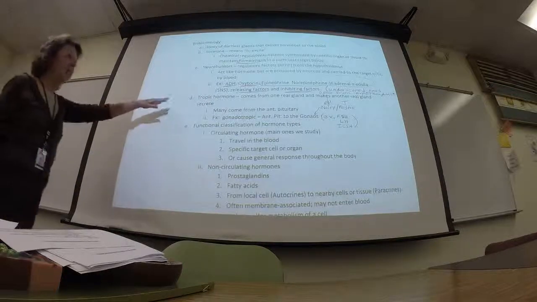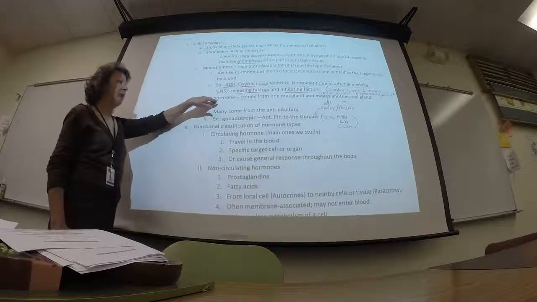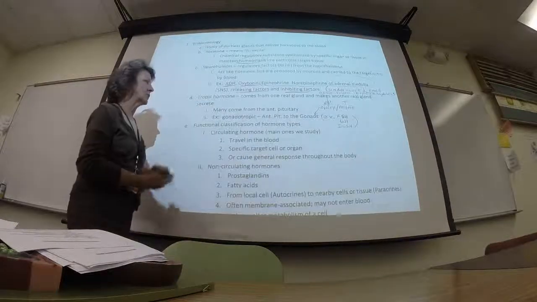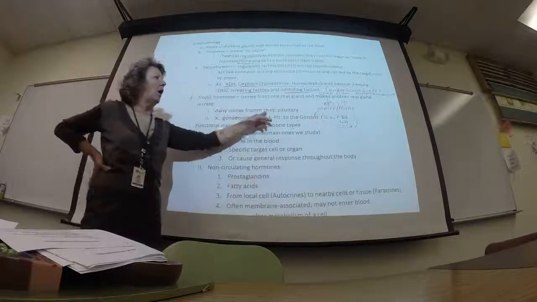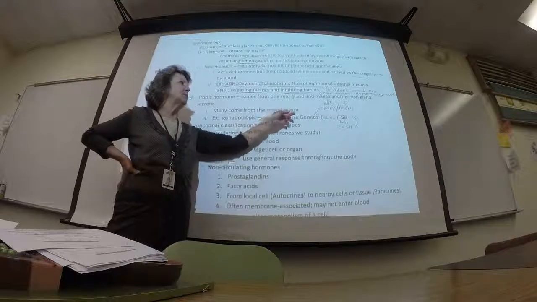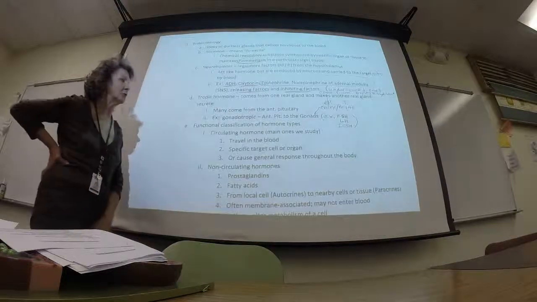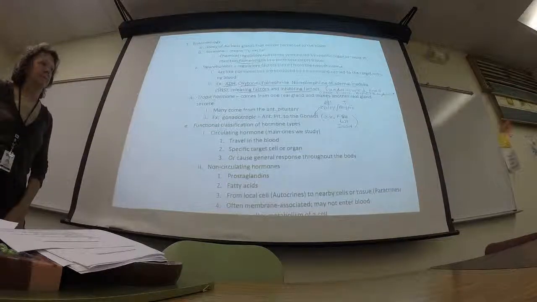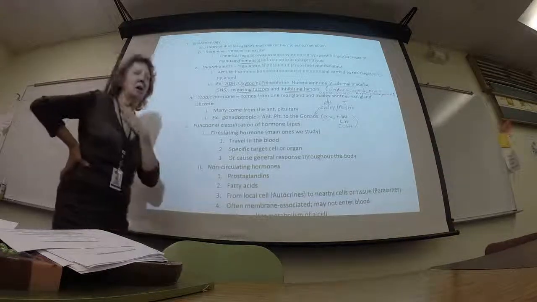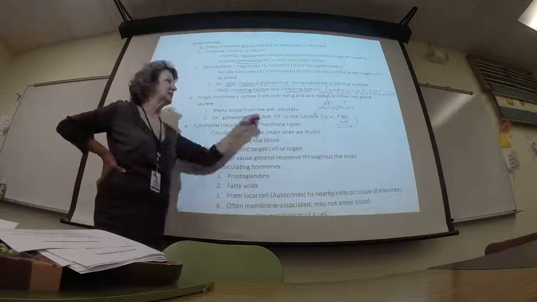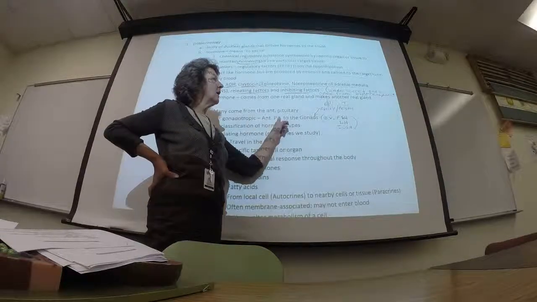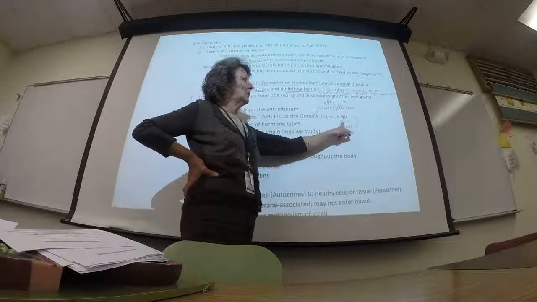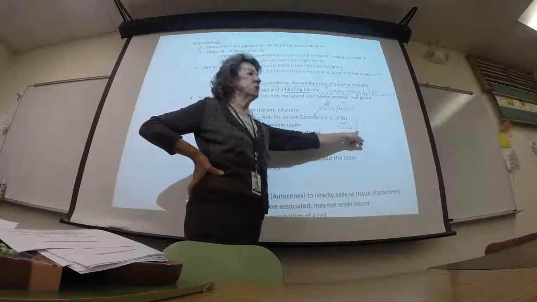A tropic hormone is a vocabulary word. It comes from one real gland and makes another real gland secrete. So all of the hormones from your anterior pituitary gland are considered tropic hormones. So some examples that we'll be talking about more as we get to reproduction is your anterior pituitary made follicle stimulating hormone, luteinizing hormone, and interstitial cell stimulating hormone.